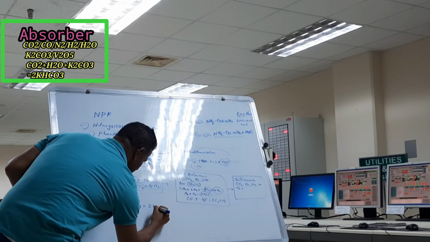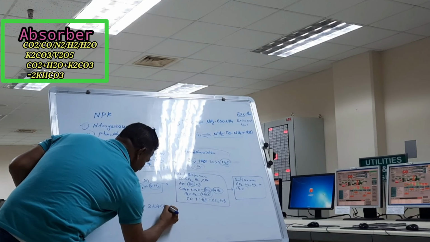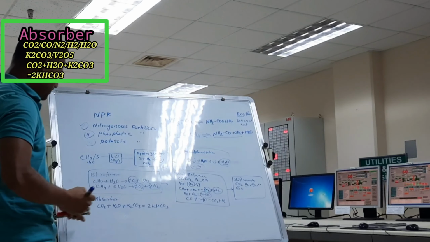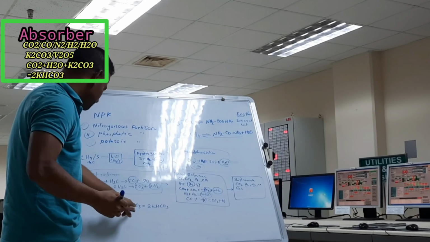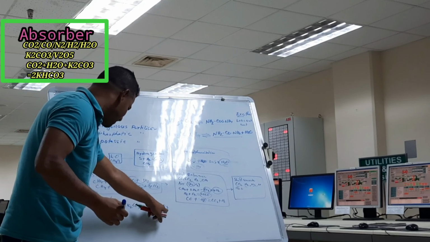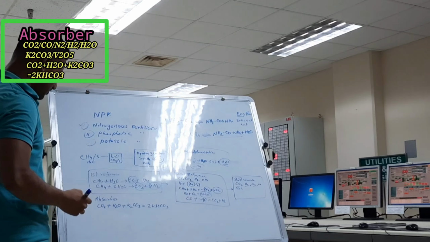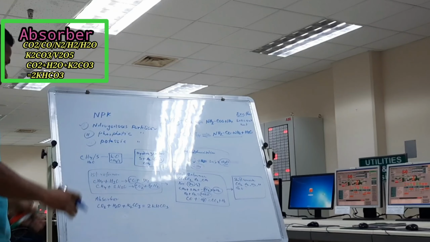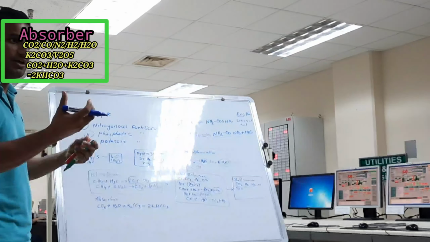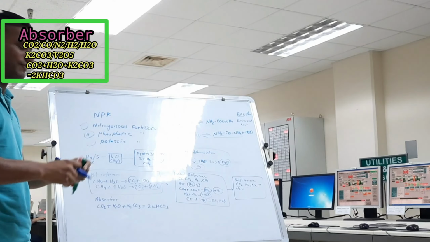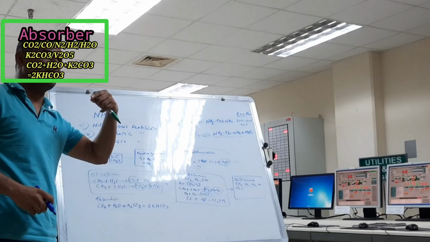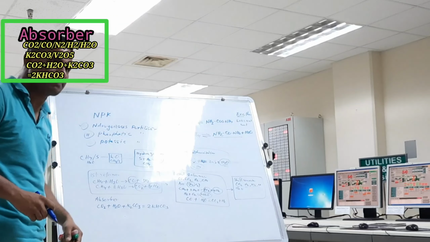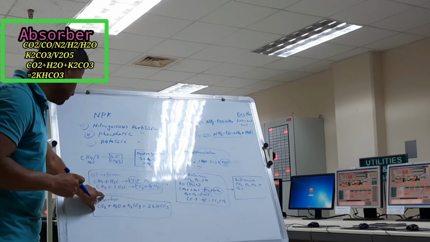It will be filled by potassium carbonate absorbent. In the absorber, if they put the potassium carbonate, the CO2 will be absorbed. So by this system the absorber absorbs the CO2 and transfers it to the stripping system, and from the stripping system CO2 will go to the urea plant.